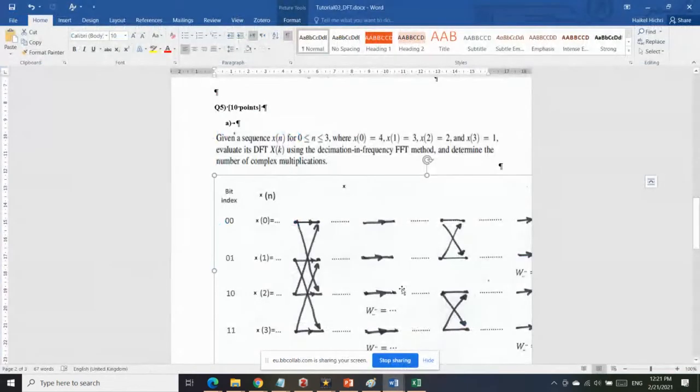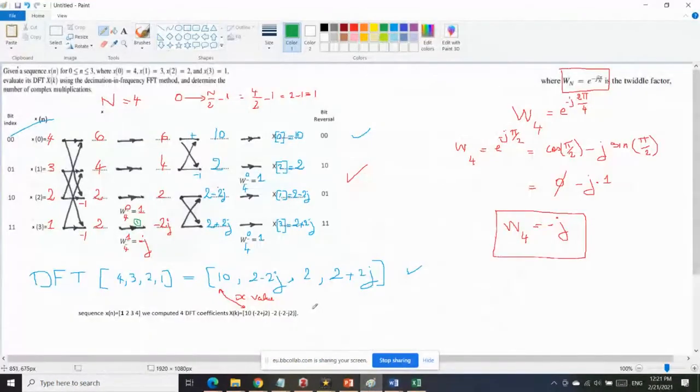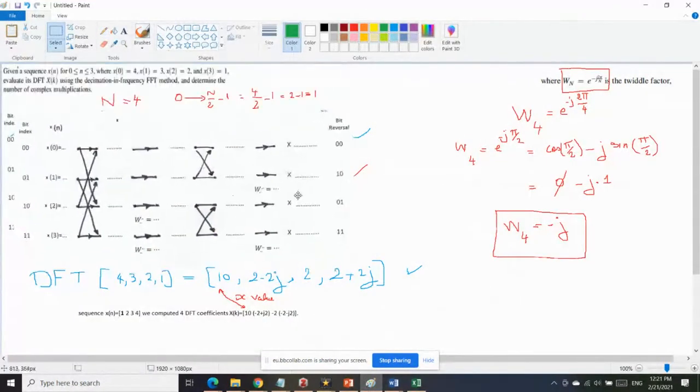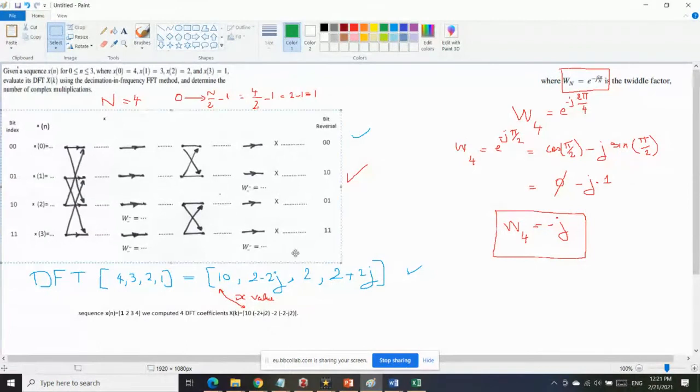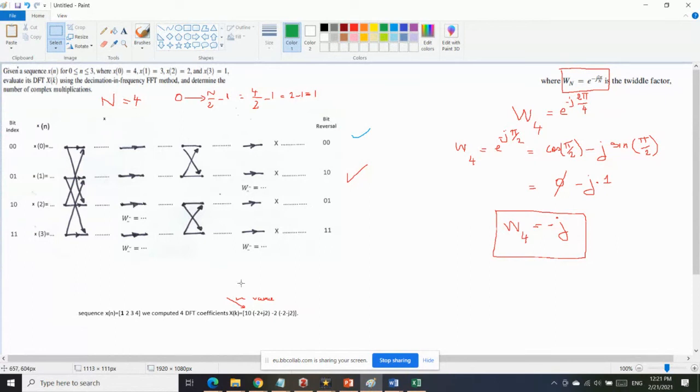طيب let's do the other example just to check عشان عندكم. Let's do the other example which is basically this one, xn اللي هو 1 2 3 4.